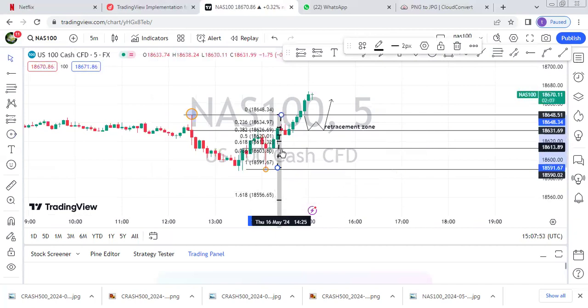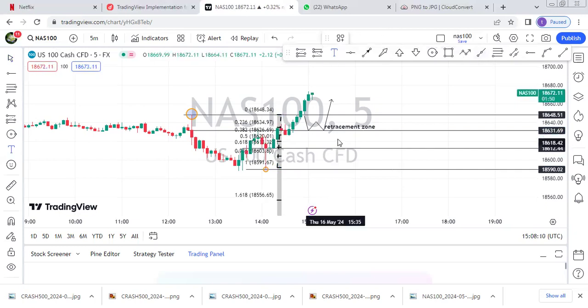Find that the market is just going to respond in that zone here, on that area again. So we see Nasdaq again from that zone. After we are done with that retracement, this is another retracement zone again. So we want to see retracement zones.